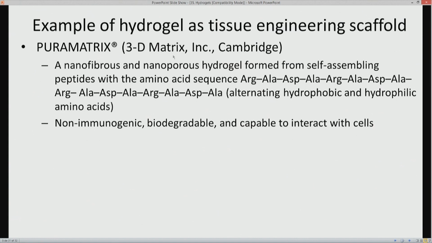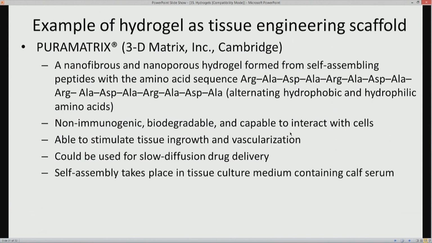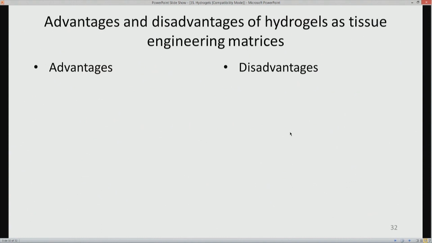This is a product, a 3D matrix nanofibrous and nanoporous hydrogel formed by self-assembling peptide of arginine, alanine, aspartate. They help in tissue growth, are non-immunogenic, biodegradable and capable of interacting with cells. They are also able to stimulate tissue growth and vascularization, and could be used for slow diffusion of drugs. Self-assembly properties are also there.